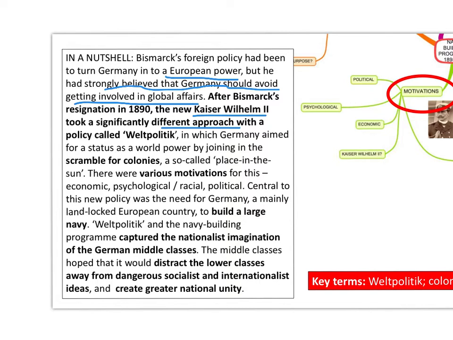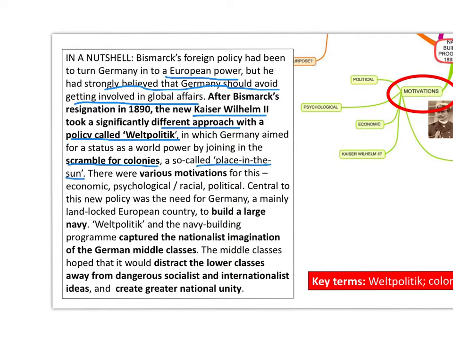He believed that Germany should become a global power, and therefore, if Germany, this new country, is going to join the ranks of Britain and France and even little old Belgium, then Germany needs to join in the scramble for territory in places like Africa and around the world. In other words, Germany should have a place in the sun.